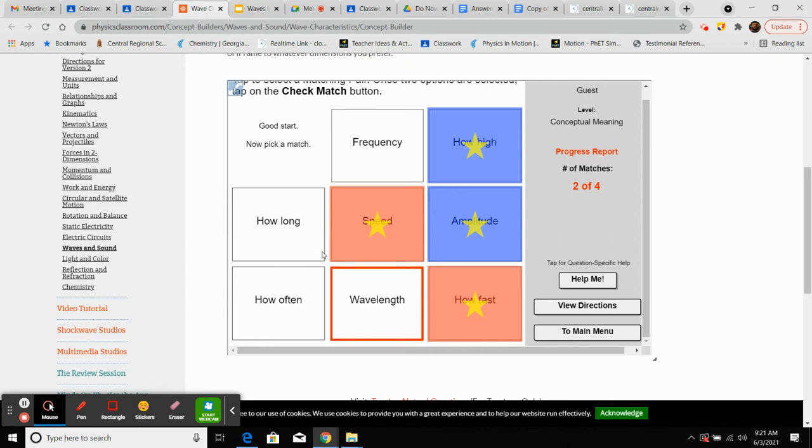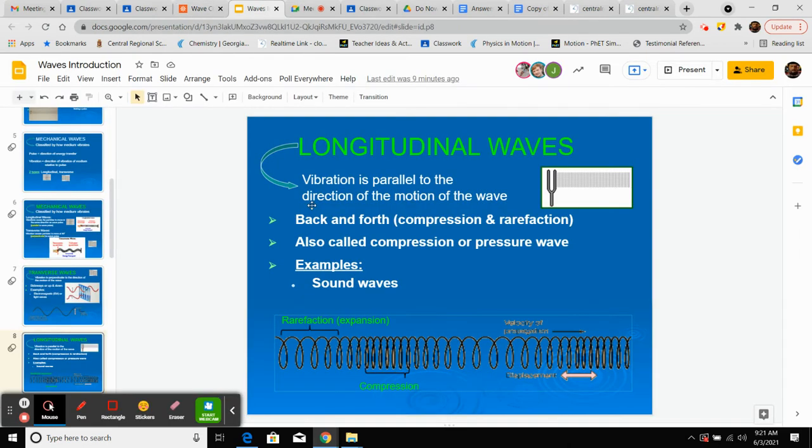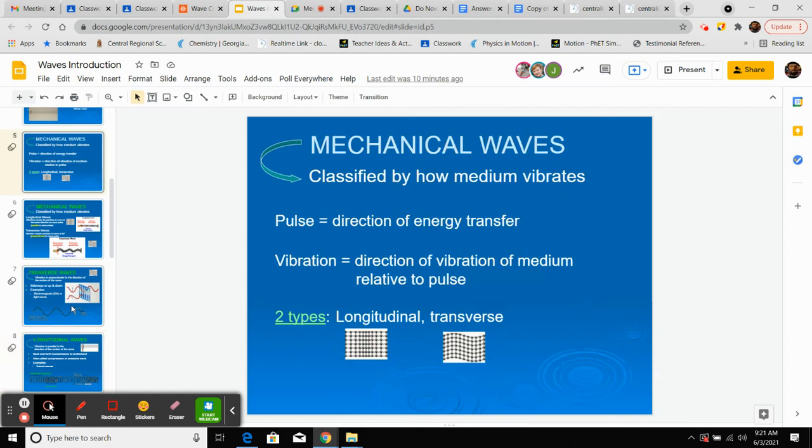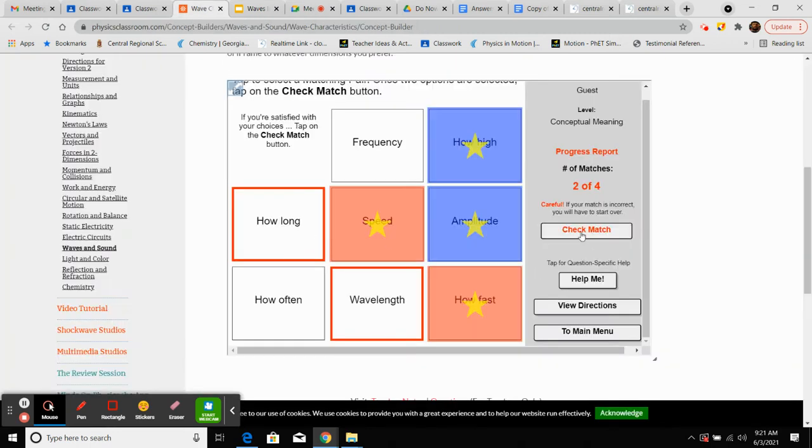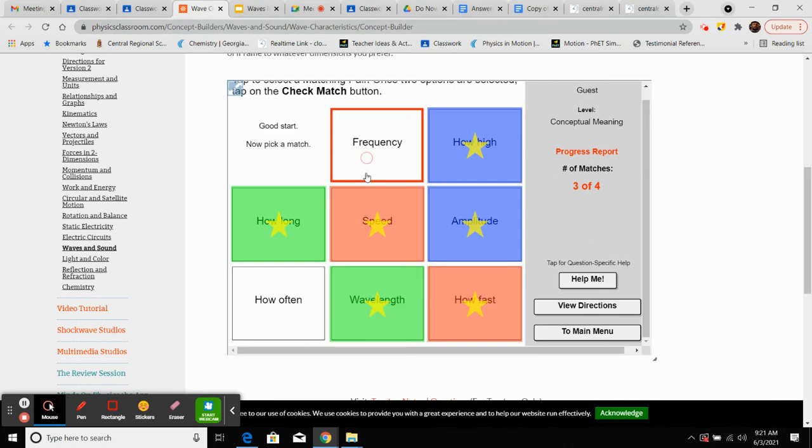Wavelength. Right. We went to, where's this? Transverse wave. Wavelength would be like how long. Amplitude is this dude. So then let's go back. So wavelength would be how long. And then frequency would be how often.